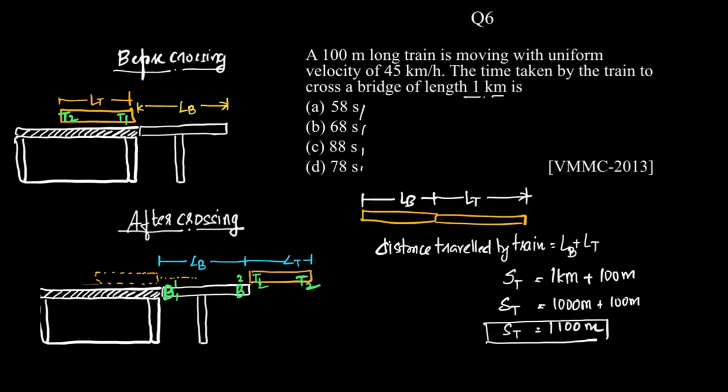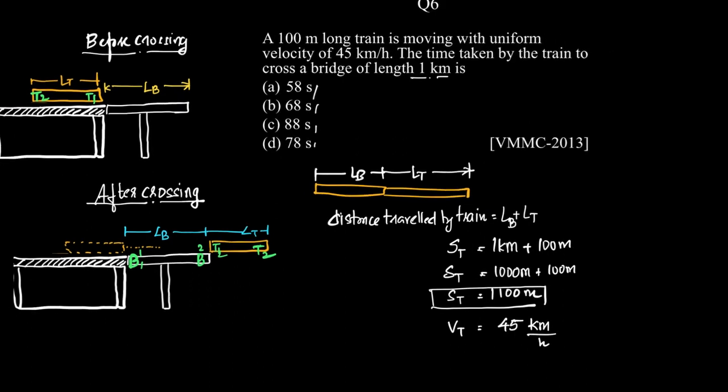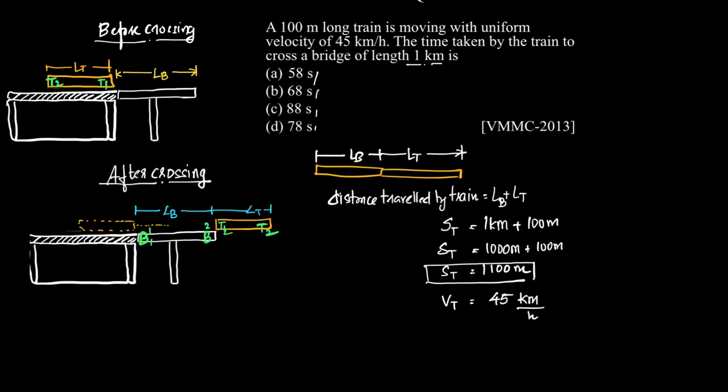Now, what is the velocity given? The velocity of the train is given to be 45 kilometers per hour, right? And what is 1 kilometer? 1 kilometer is 1000 meters. What is 1 hour in terms of seconds? It is 3600 seconds.